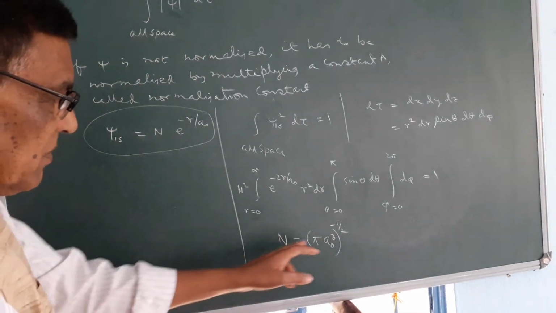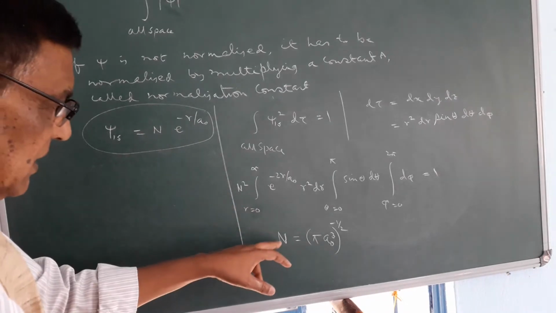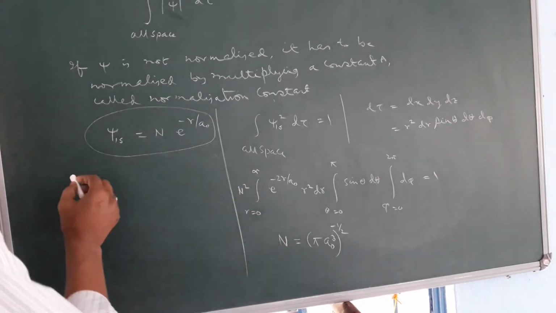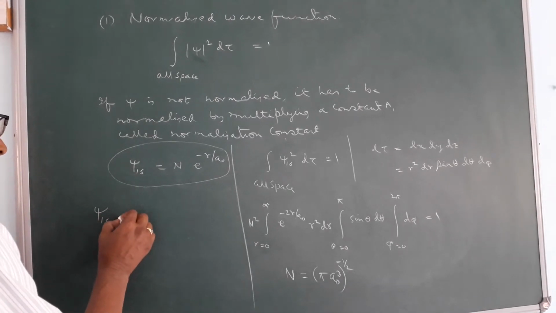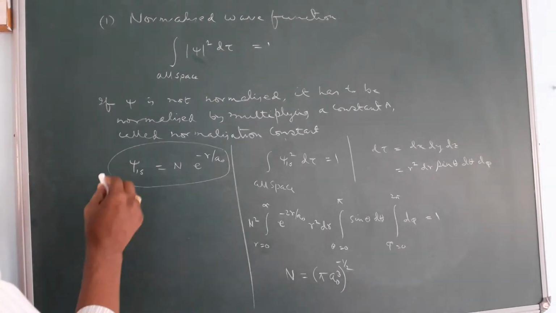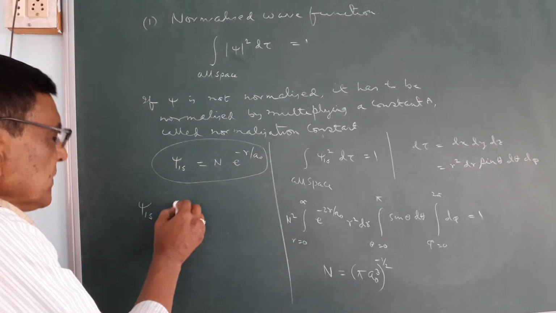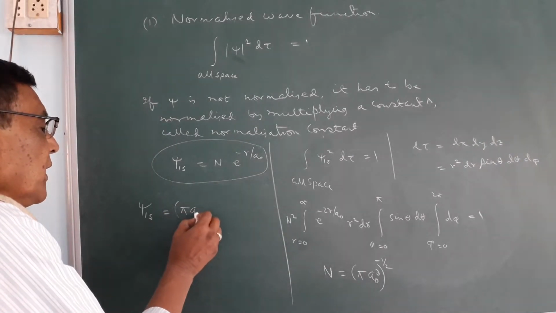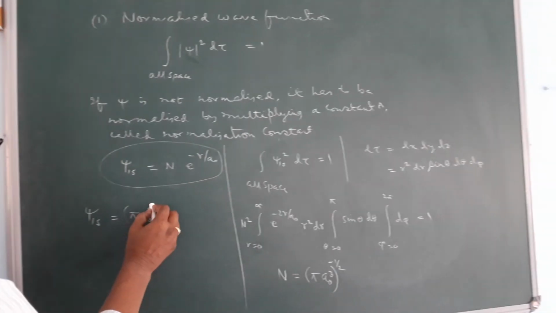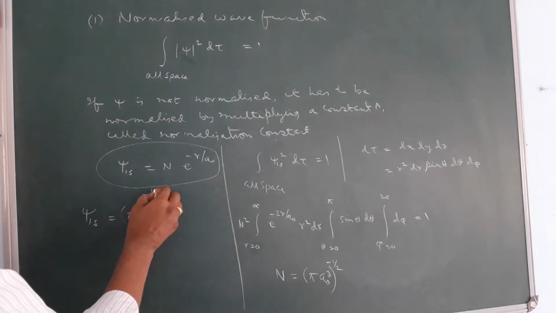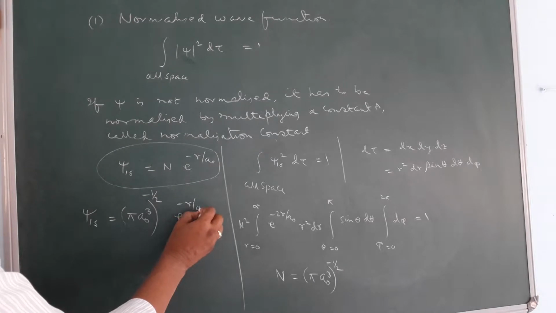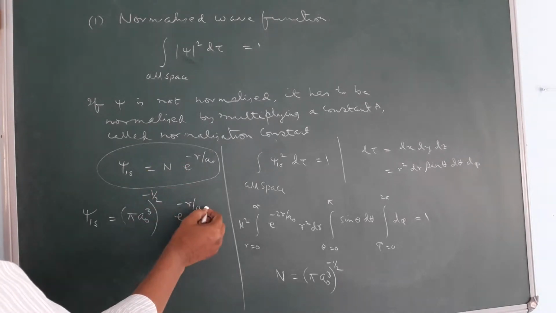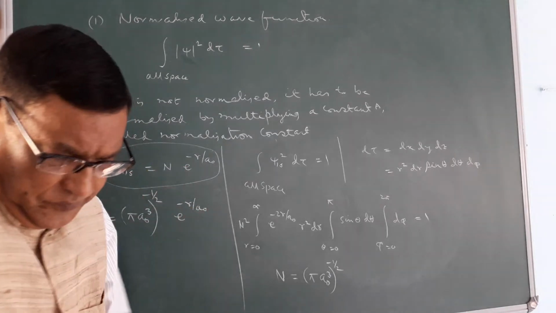So when this normalization constant is put in, the expression of psi 1s, the atomic orbital, is pi a naught cubed to the power minus half times e to the power minus r by a naught. In this way we can also do more calculations.